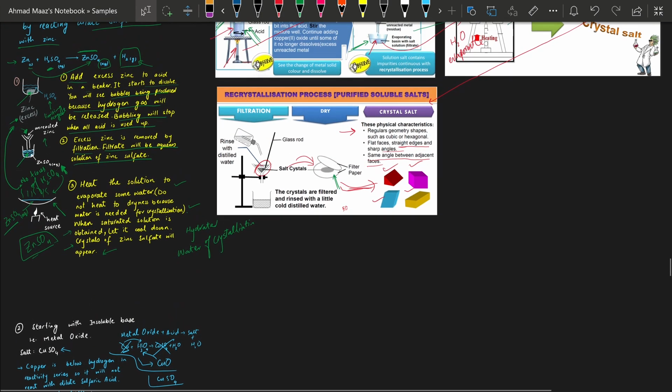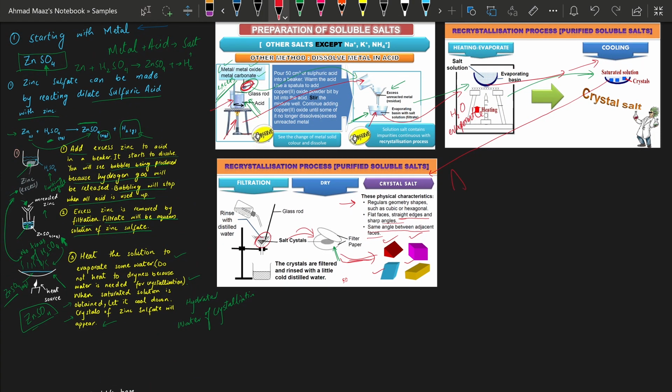The method of preparation is the same as this one. Excess metal carbonate is added into an acid, and then the unreacted carbonate is filtered out. Then the solution is heated to get crystals. The solution is left to cool for crystal formation, and excess water is then filtered out. Crystals are dried. That's it.